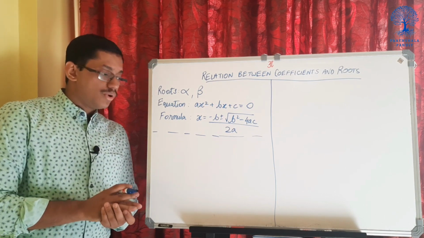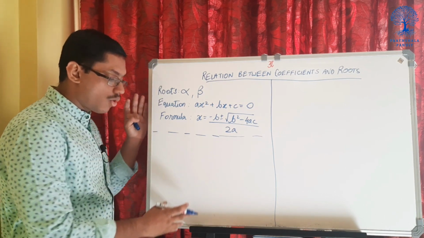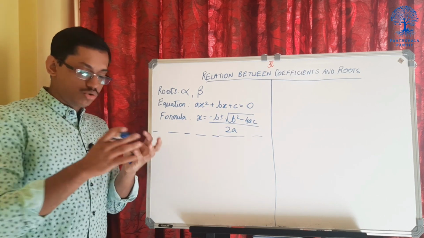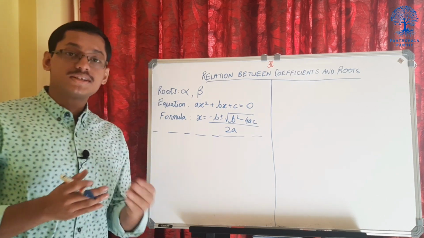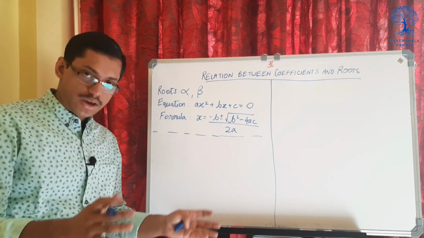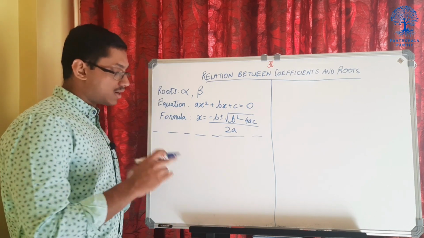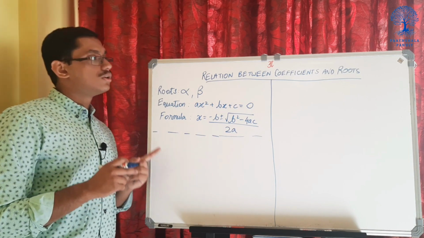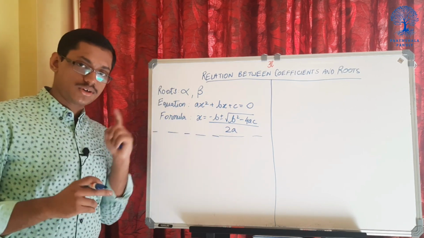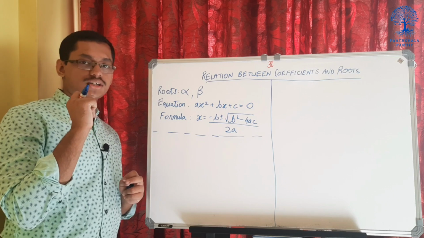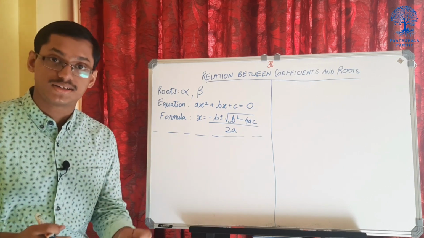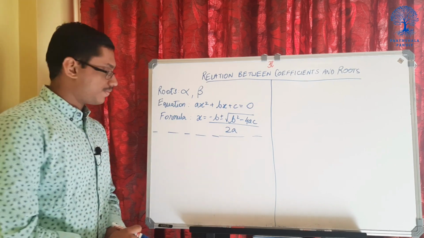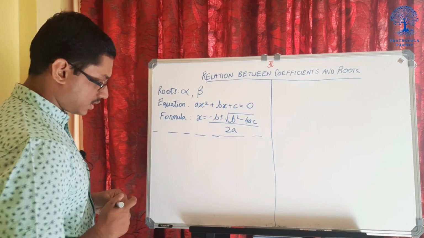So will you solve the whole equation, bring out two roots out of them, then add them and then present it? That is a way, no doubt it is a way, but another way is to use the relation. Okay, in very short time you will be able to sum the roots and also to multiply them. So let's see. First we will see about the sum of roots.